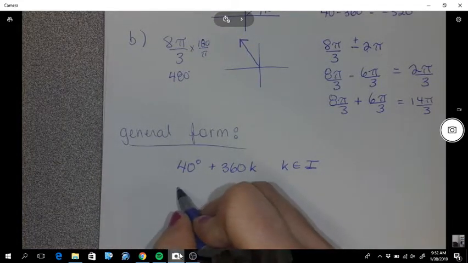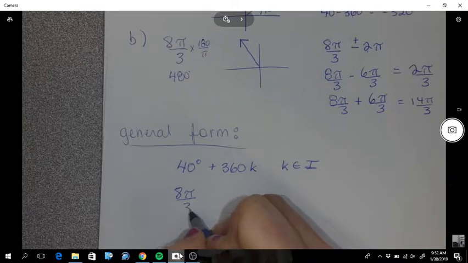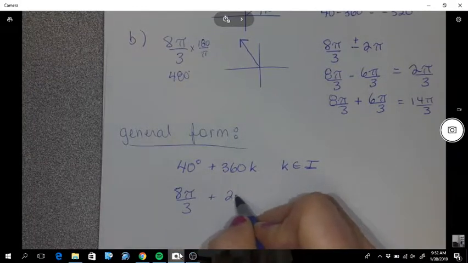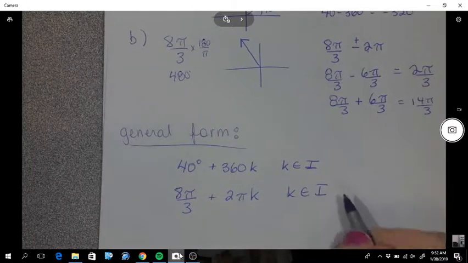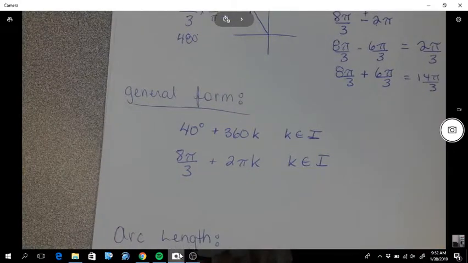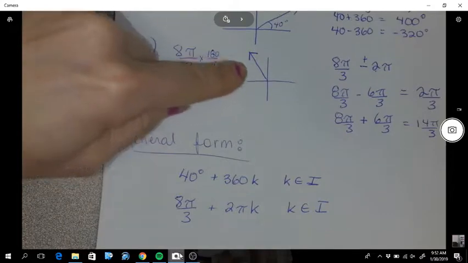And the other way would be 8 pi over 3 plus 2 pi k, and k is an element of all the integers. So we could make one full rotation, 2 rotations and land back, 3, 4, we could go -1 rotation, -2 rotations, but you'll always be in that same position.